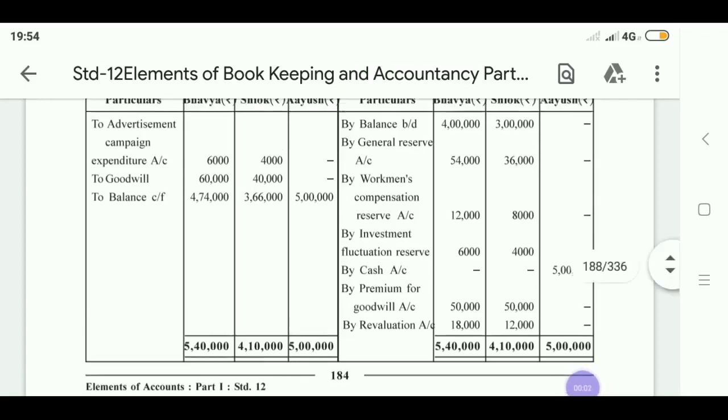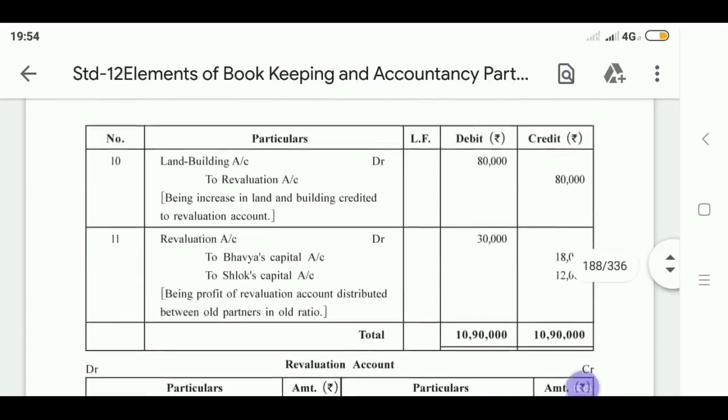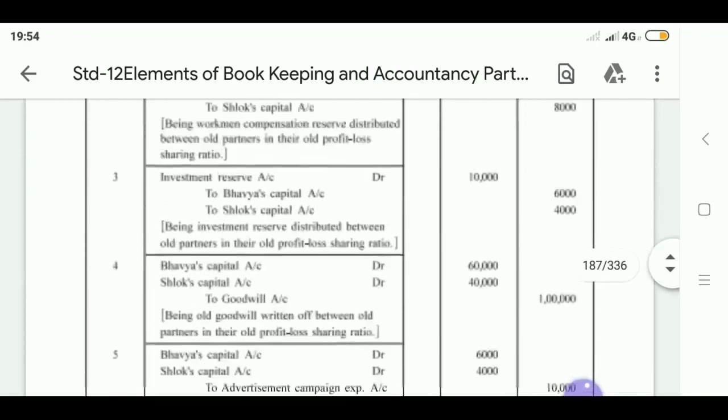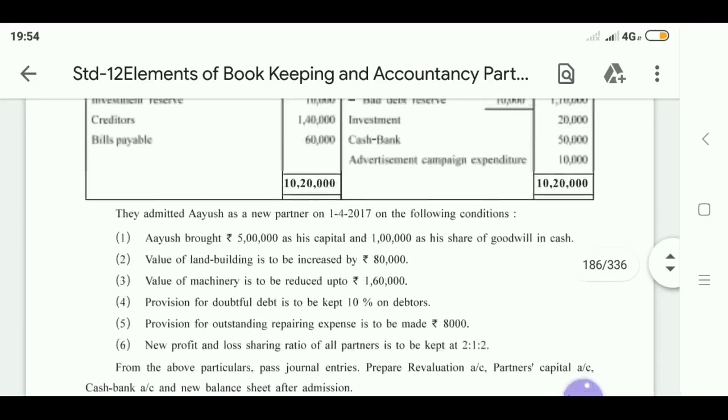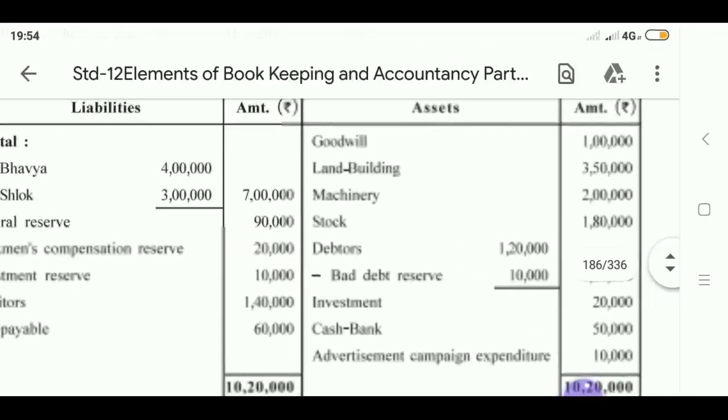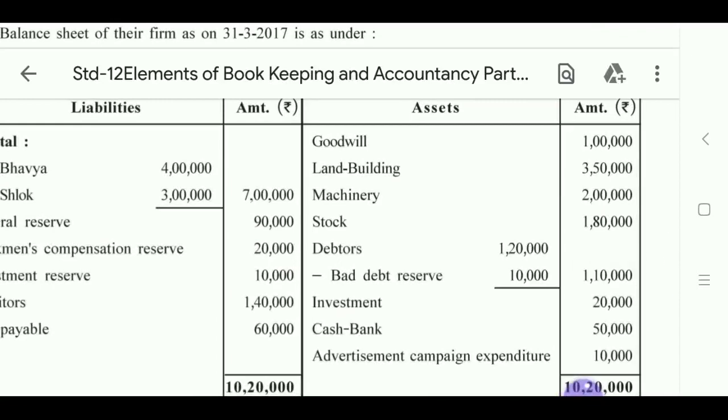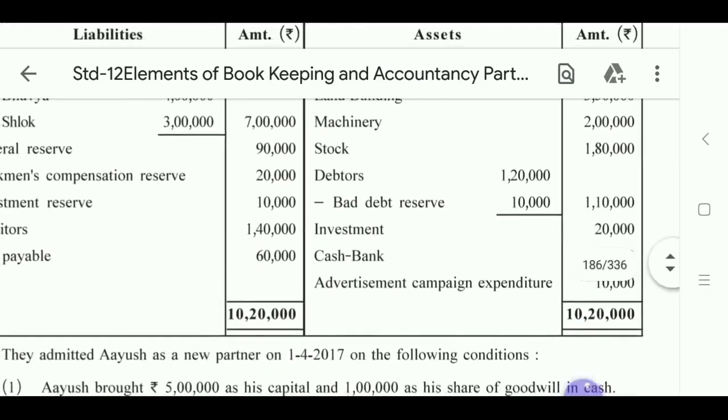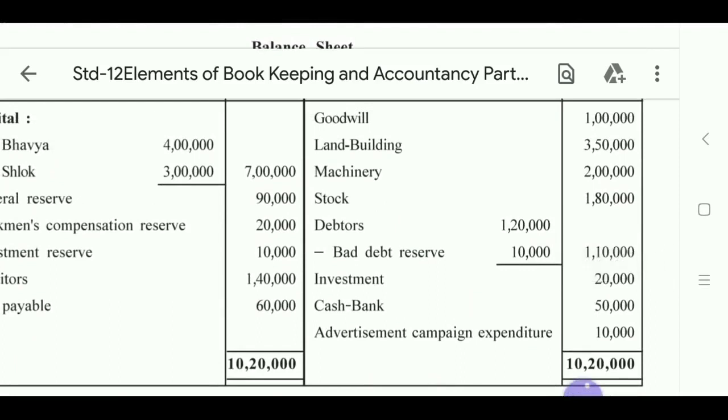Yes. So moving ahead after goodwill, let us check what is the next item mentioned on the asset side. Yes, we have land and building, and I guess we have already written a new value in the balance sheet. There was an adjustment regarding this land and building. The value of land and building has increased, and we have already written the new value in the balance sheet. I'll repeat it once.